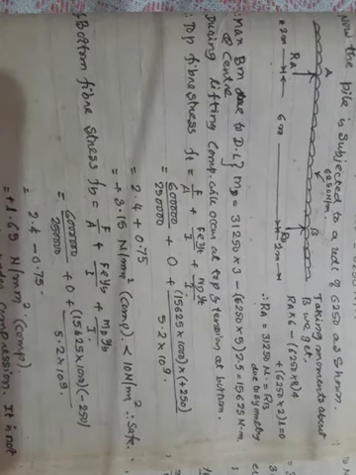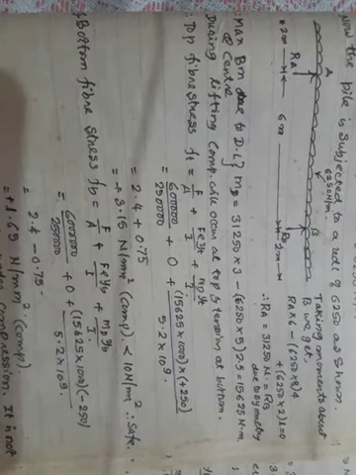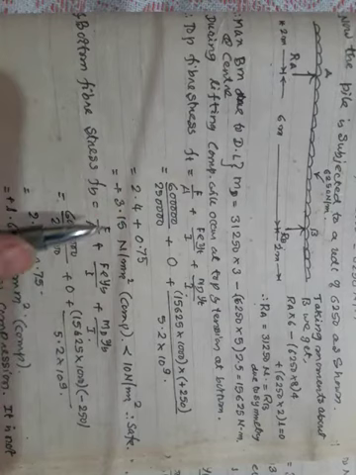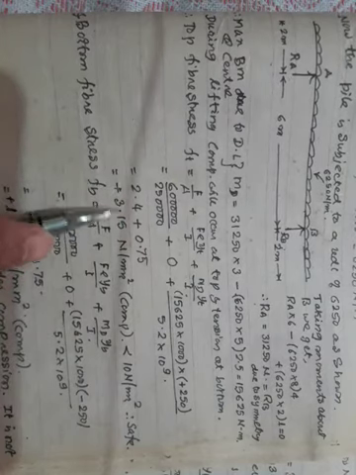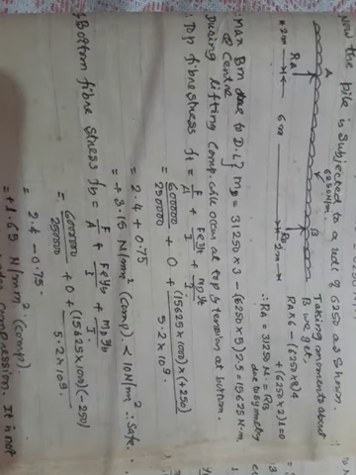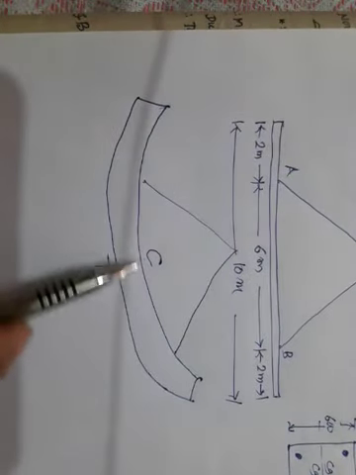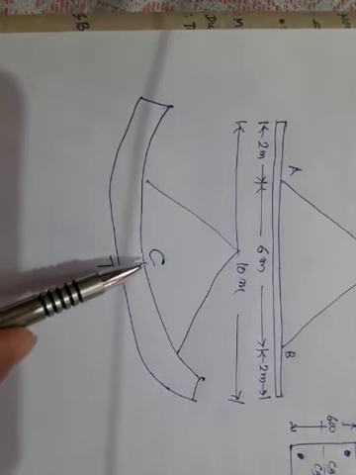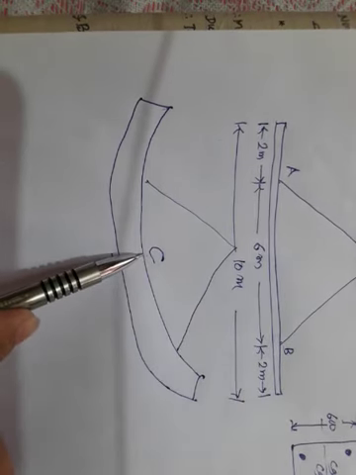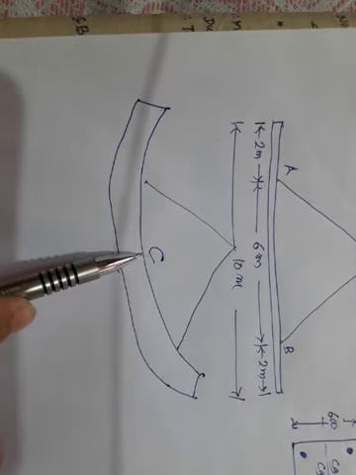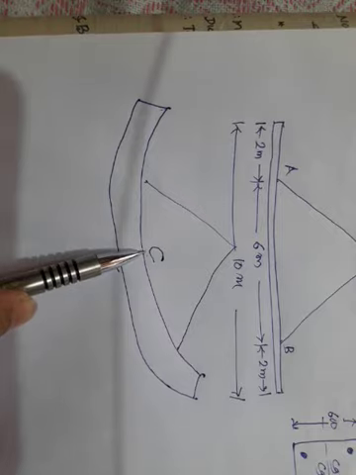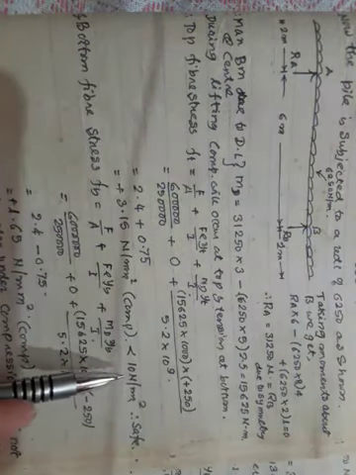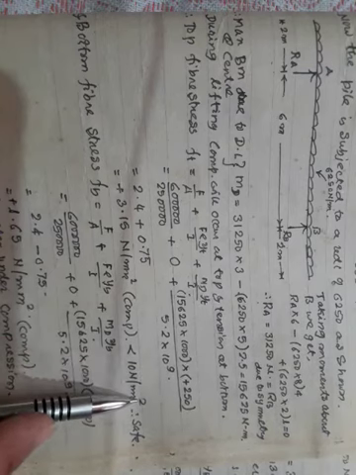Now please try to understand, this top fiber stress Ft is plus 3.15 Newton per mm square. Whenever it tries to bend like this, the top fiber is under compression. The allowable compressive stress is 10 Newton per mm square.